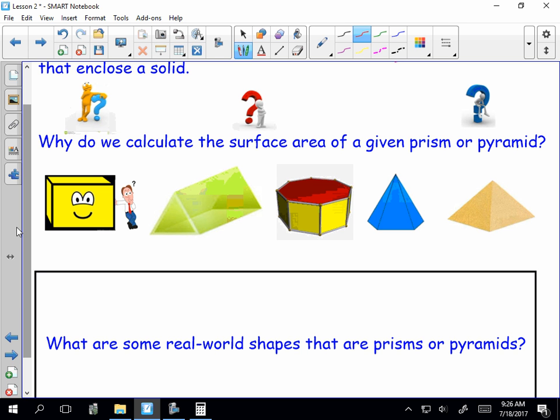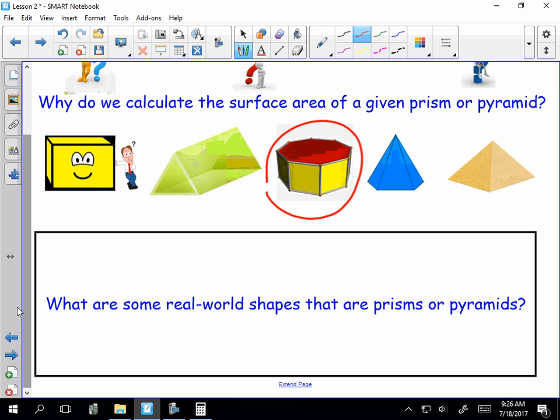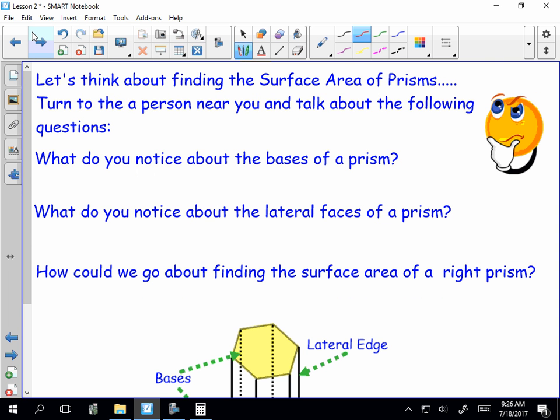If you're trying to build a pool in your backyard and you have one of those kits to put a pool together, that is also a surface area situation. So we've talked about some of those real world examples. We're going to dive right into some of our definitions and calculations here.